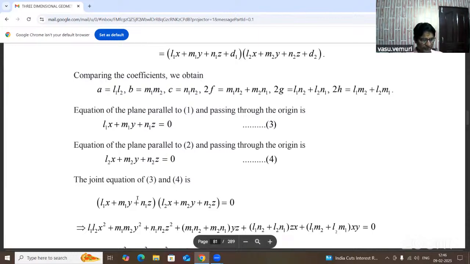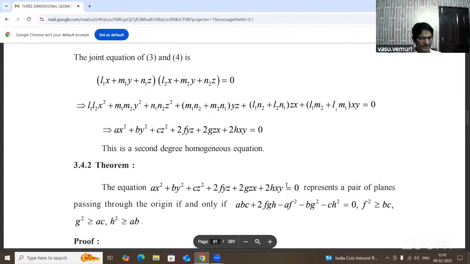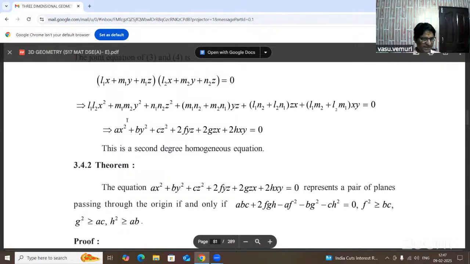So l1 l2 x², m1 m2 y², n1 n2 z², and the yz coefficient is m1 n2 + m2 n1, the zx coefficient is l1 n2 + l2 n1, and the xy coefficient is l1 m2 + l2 m1.